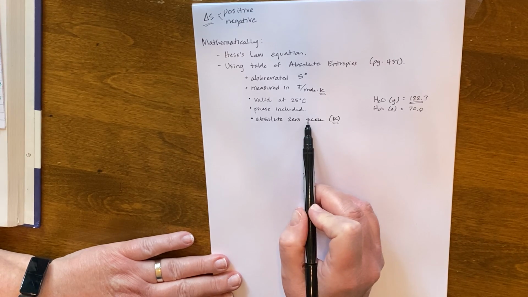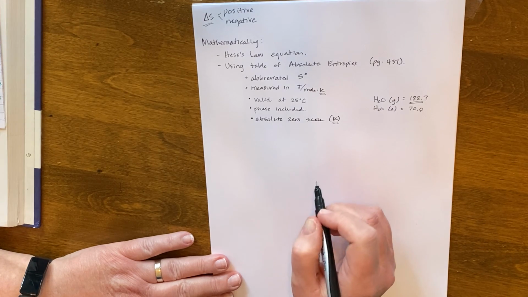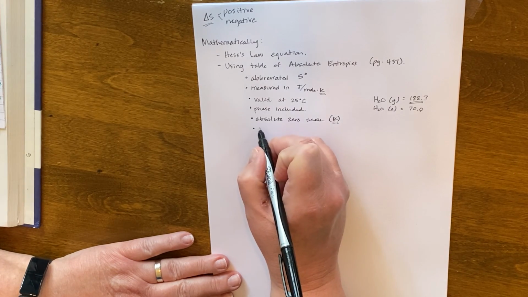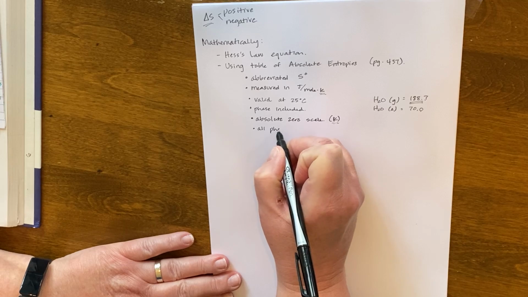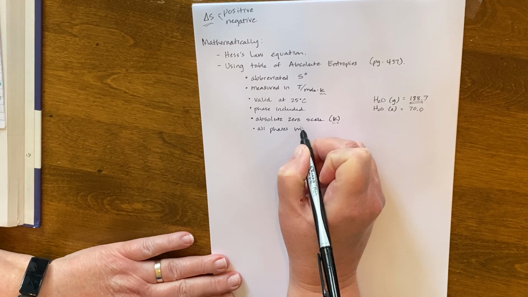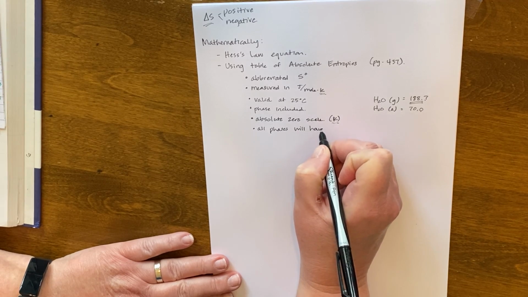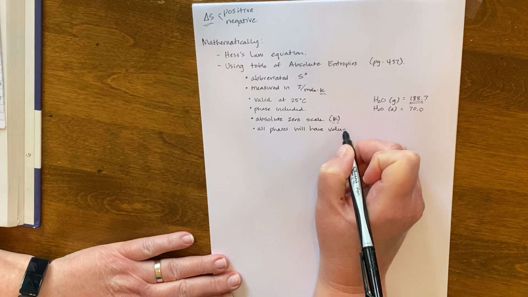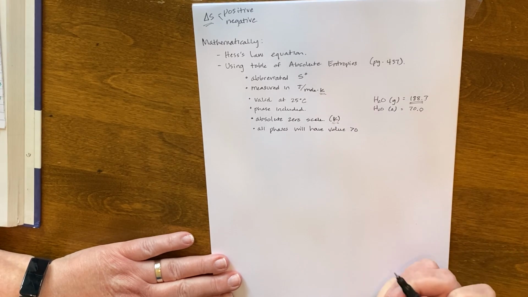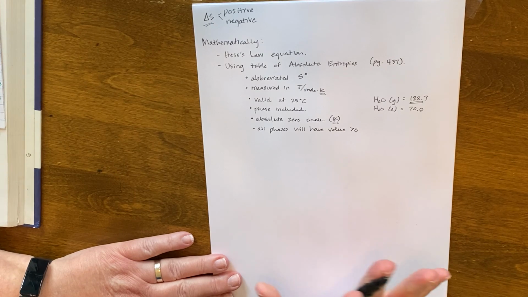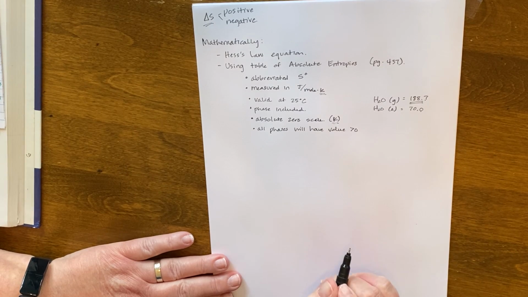So we're using this absolute zero scale, and all phases, because of that, will have a value greater than zero. If you look at this table, you'll notice that there's no zeros and there's no negative values.